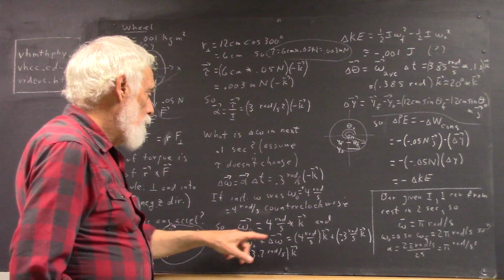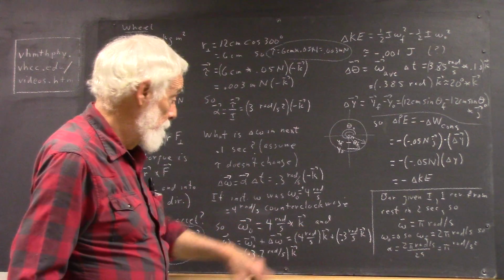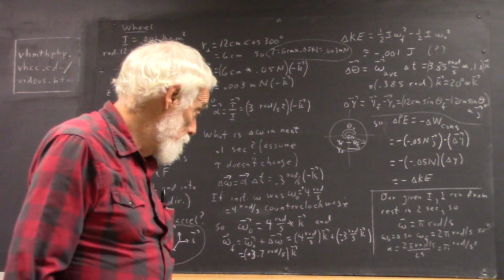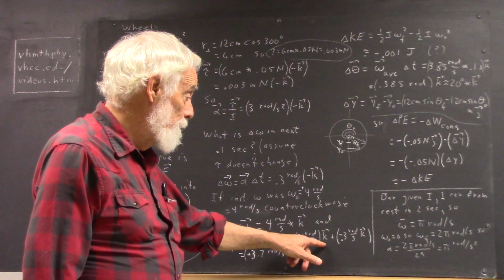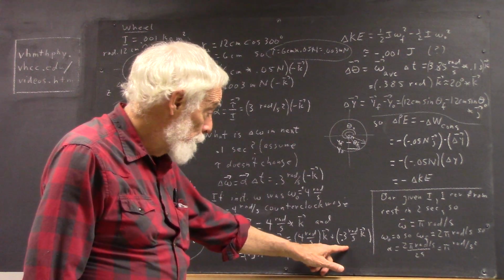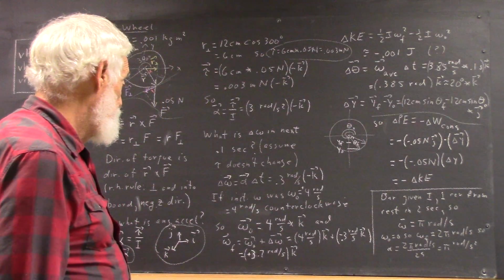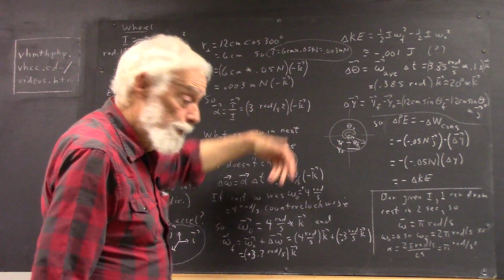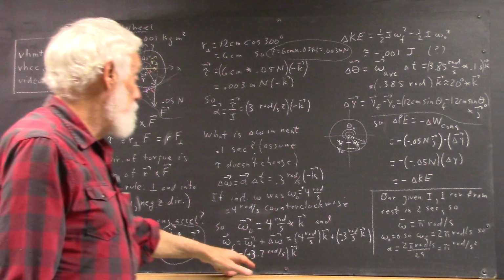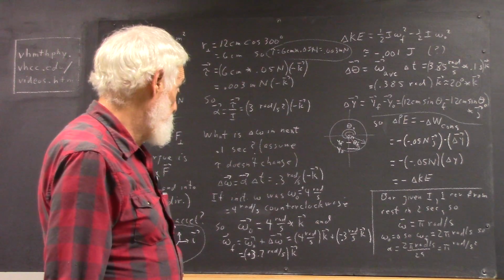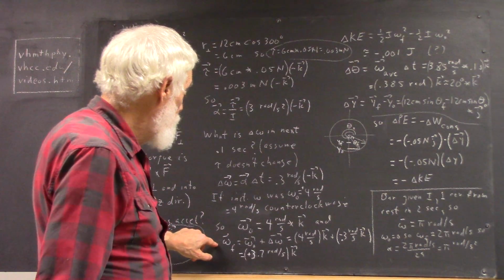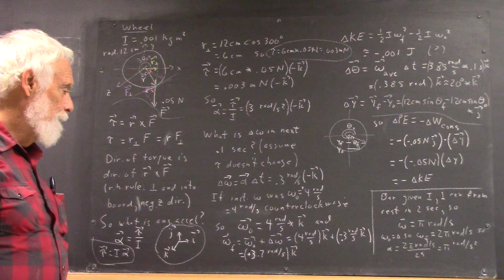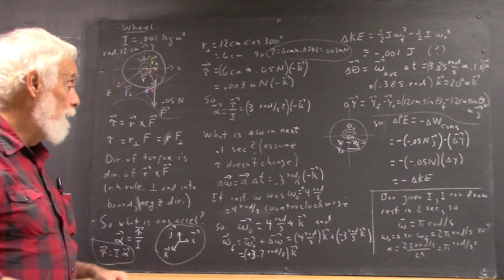So omega naught is 4 radians per second times your k vector. So omega f is omega naught plus delta omega. That's your 4 radians per second times k, added to your negative 0.3 radians per second times k. Now I put the negative in front of the 0.3 instead of the k, but certainly that's valid. So we get 3.7 radians per second times k. So now we know what the approximate change in velocity is, and we know then the approximate final velocity.